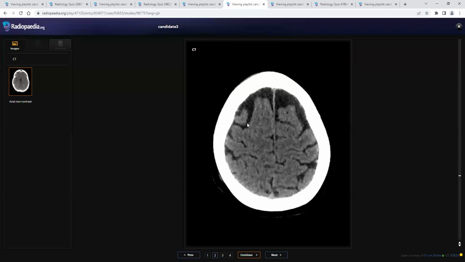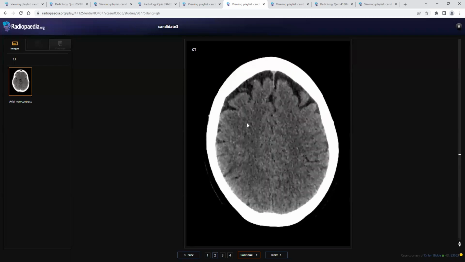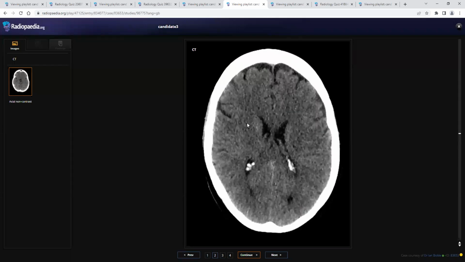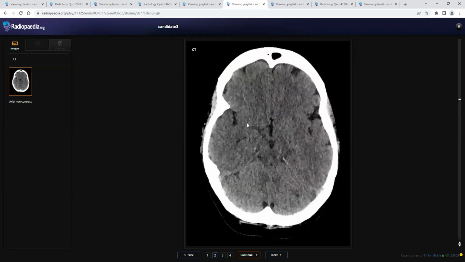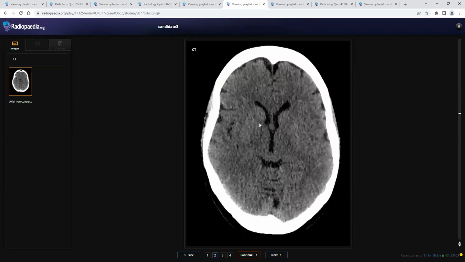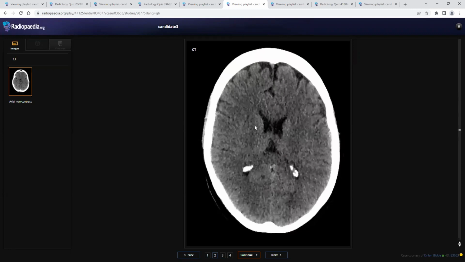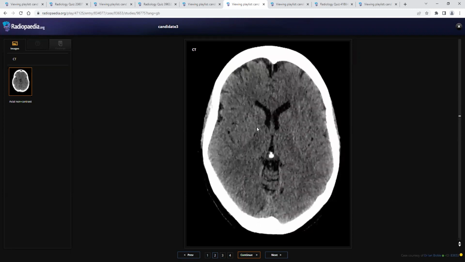Okay, the clinician is suspecting stroke. I cannot see any hyperdense area involving gray and white matter. The patient has some sort of left hemiplegia.